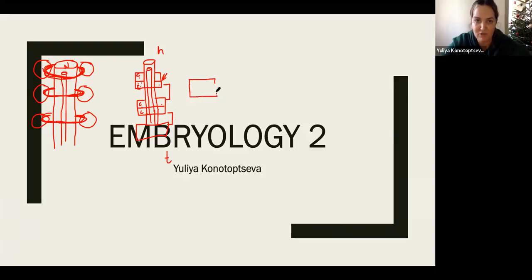So now I have a newly formed segment here. Again, resegmentation: the caudal half of the upper segment fuses with the lower segment's cephalic half. So now I have another segment.